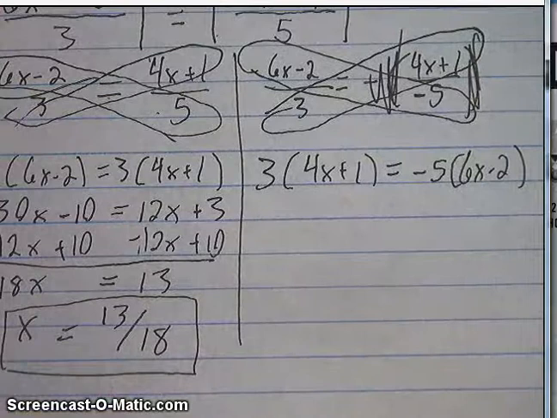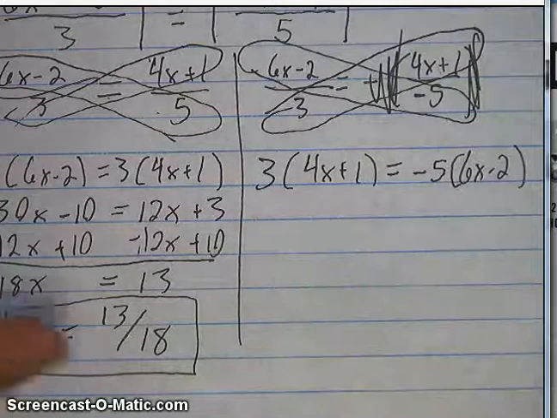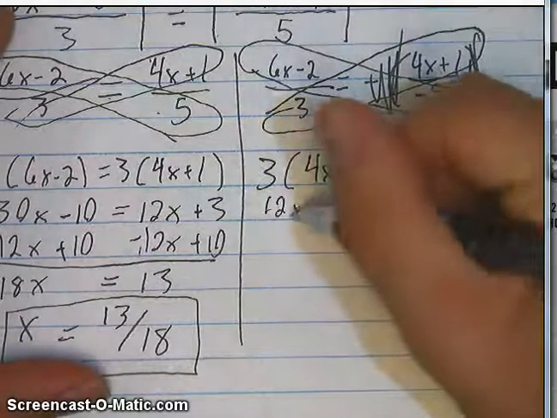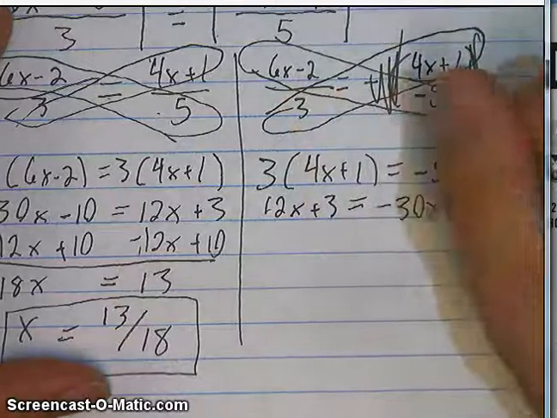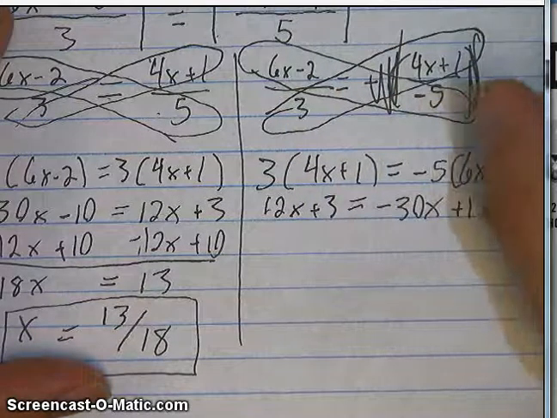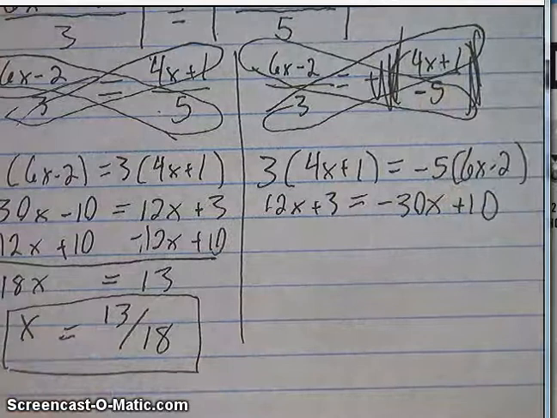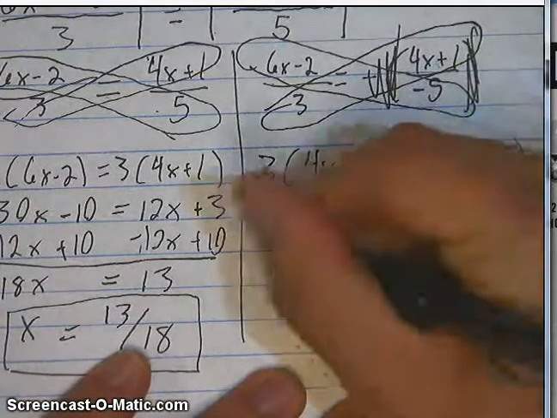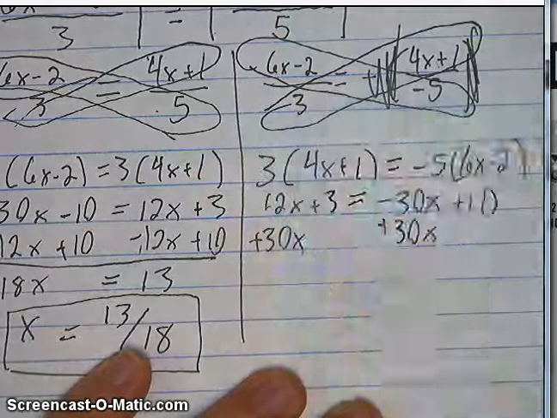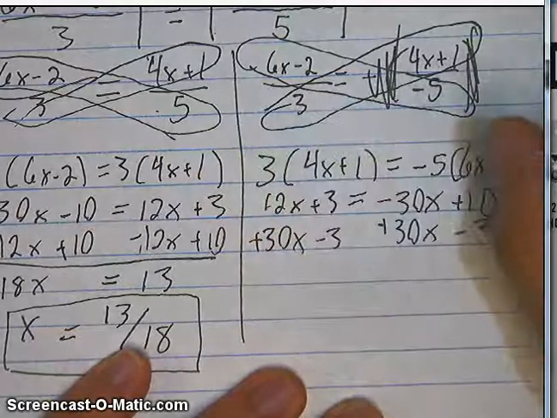Okay, same process. Let's go ahead and distribute. 12x plus 3 equals negative 30x plus 10 when you distribute that negative 5. So let's add 30x to both sides. And let's subtract 3 from both sides.